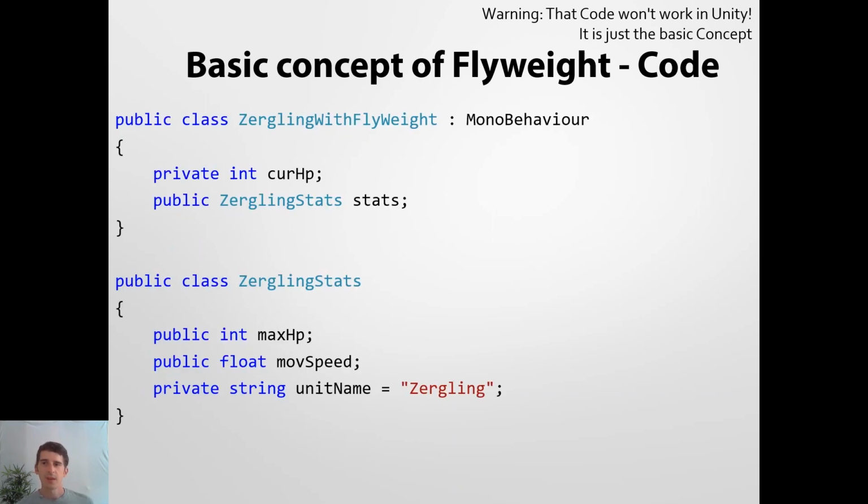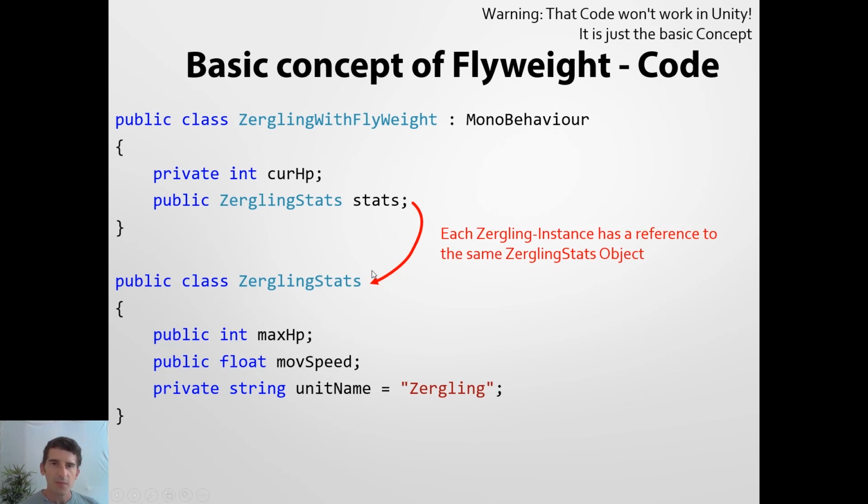All right. So this is our circling class, and you can see we have the private instance variable for the HP. And we have this variable with circling stats, and that's another class I declared down here. And this is just a reference to this class.